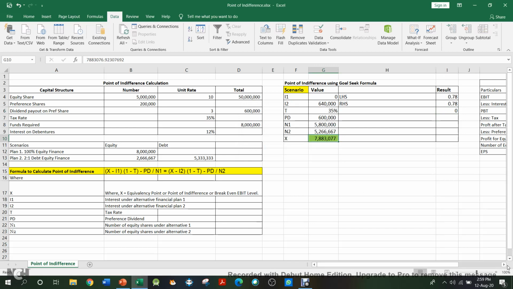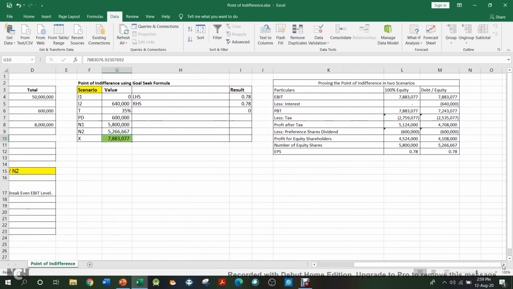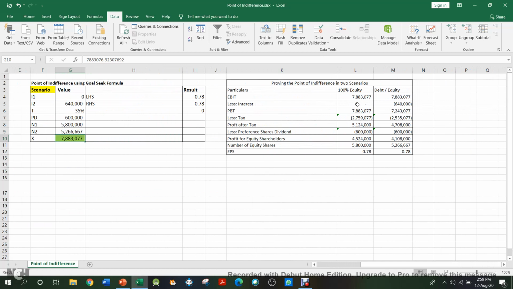This also gets proven here. These are the two financing plans: 100% equity and debt equity. My EBIT is 78 lakh 83,000, coming from this place. Then I reduce the interest in the second plan, and I get this profit before tax. Then I reduce the tax amount, and I get the profit after tax.